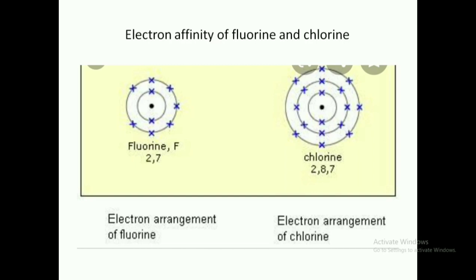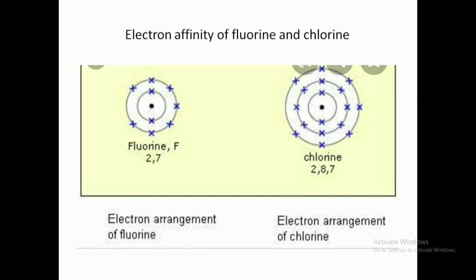So, in fluorine, it is difficult to hold 7 electrons in the second shell compared to the third shell of chlorine. It is easier to hold 7 electrons in the third energy shell, since the third energy shell is larger than the second energy shell.